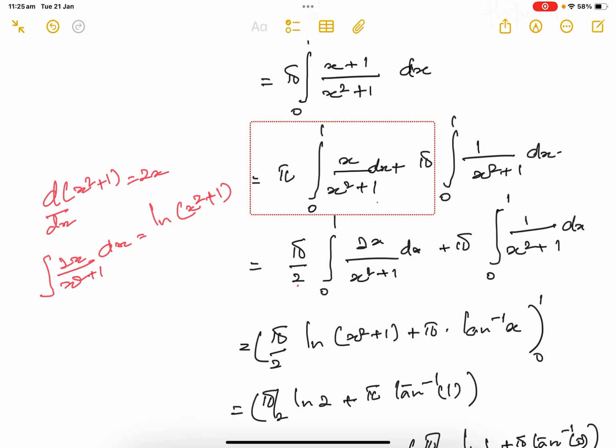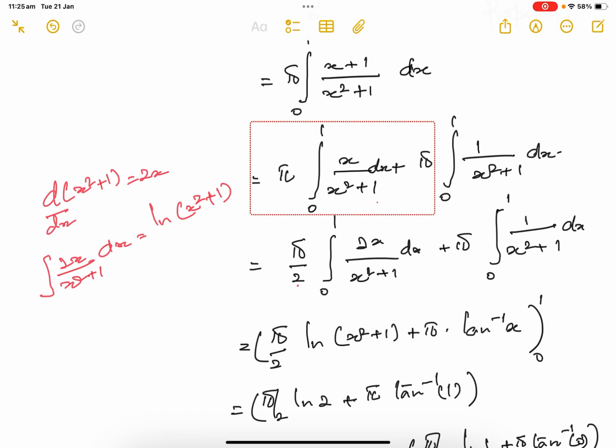So the first one is simplified already. The differentiation of the denominator is in the numerator, therefore the integral of the whole function will be a log of the denominator.